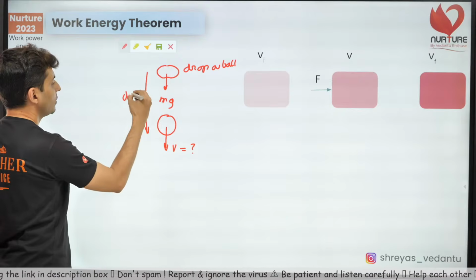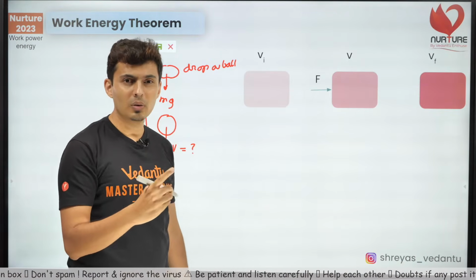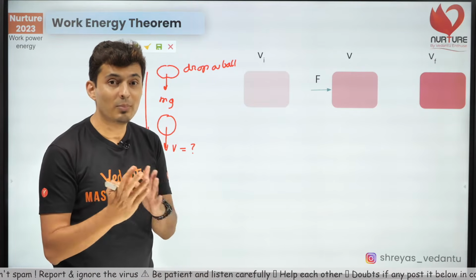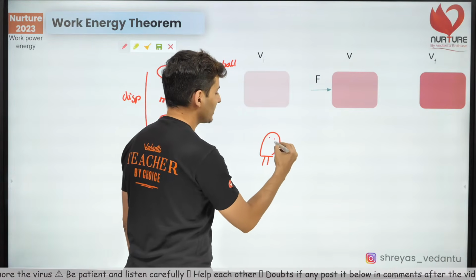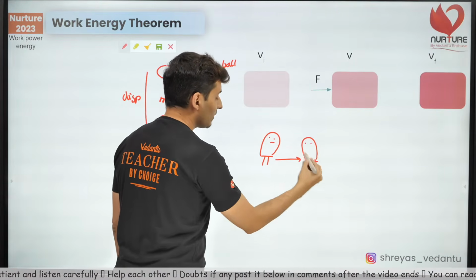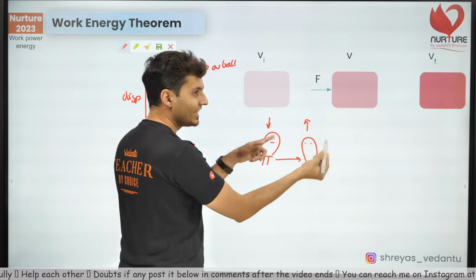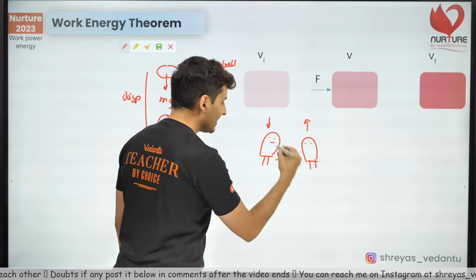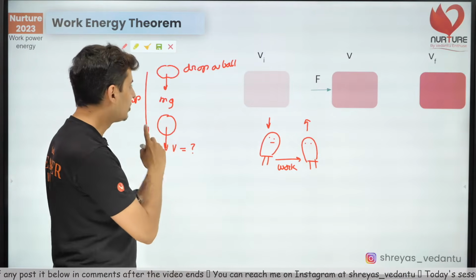Displacement was downwards. Remember, last lecture I told you how work is a process of transfer of energy. Remember I had drawn two Pandus and they were exchanging money. So, the process of transferring energy: one guy's energy decreases, the other guy's energy increases. That is nothing but called work. Same thing over here.